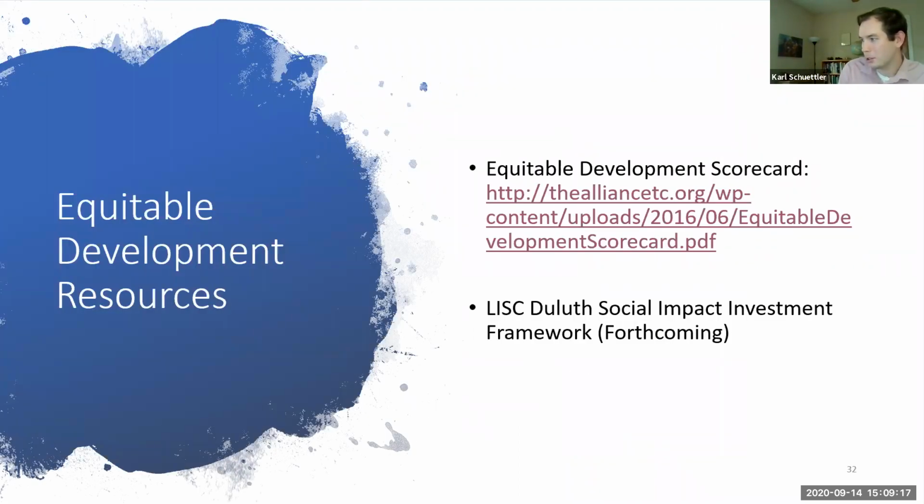LISC Duluth is another community organization that is operating in the same area. It's also developing its own social impact investment framework. That's not complete yet, but once it is, we'll make sure we have that available on our website also as a resource for people who are trying to understand how to push social impact investing. And they're really framing it as social impact beyond opportunity zones, realizing that this incentive may or may not continue for years and years, and it may take an act of Congress to extend it.